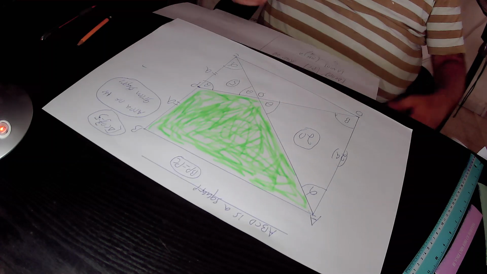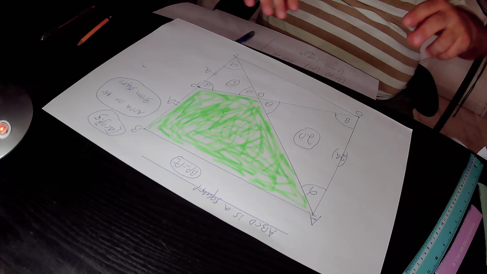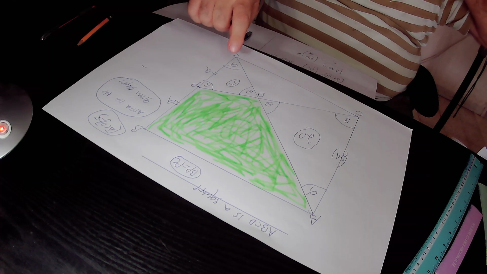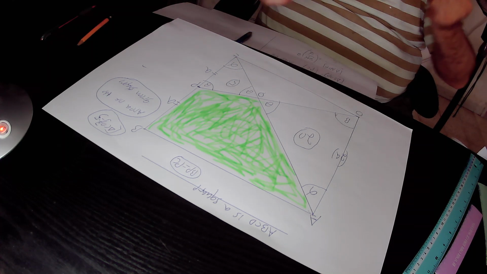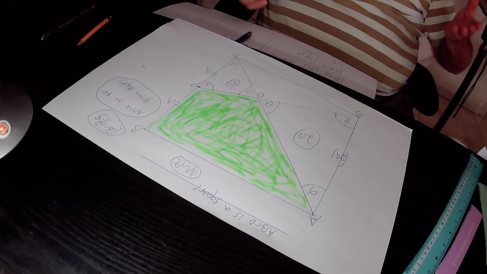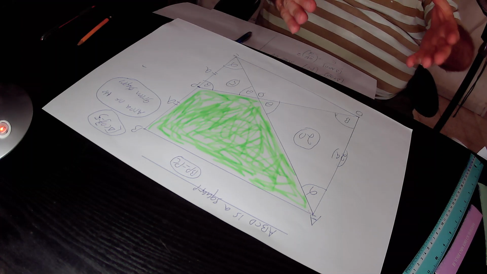Okay. Again, we know that the big triangle ADO is similar to the small triangle COP. And therefore, because those two triangles are similar to each other, the following relationship exists between their sides.